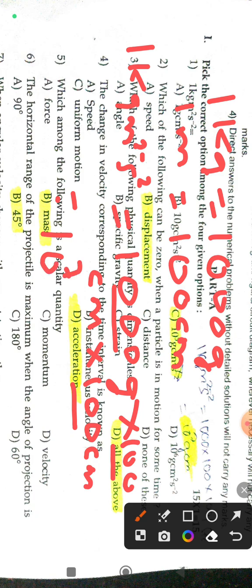Centimeter into centimeter means centimeter square. But in the options, it is not given like that. So 10 raised to 7 gram centimeter square per second square is the actual answer.